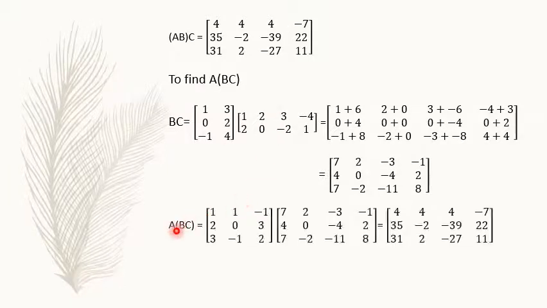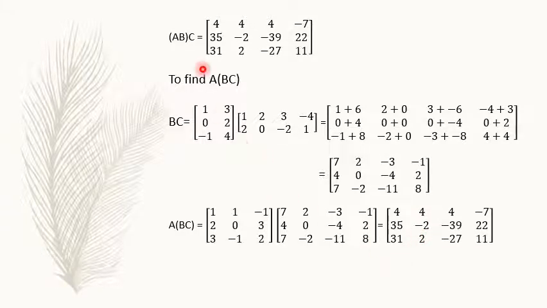Now, A(BC) will give this matrix. The A matrix is given, and this is the BC matrix. So here also by multiplying each row of A with each column of BC element wise and taking the sum, we will get each of the elements in this matrix.